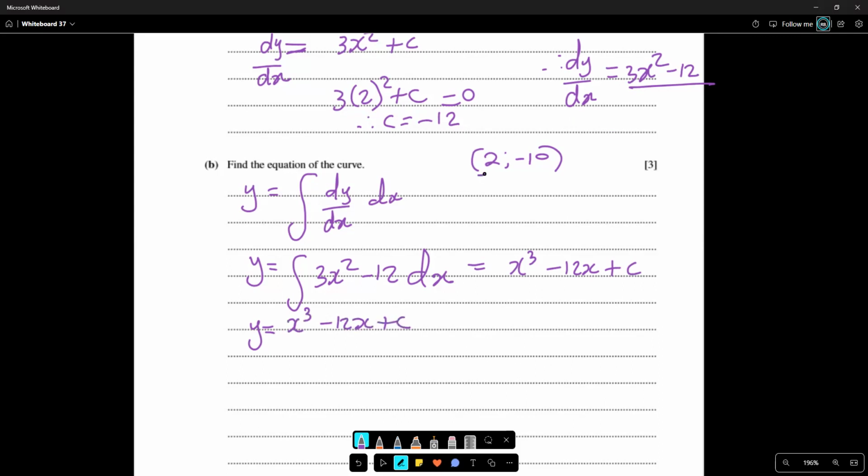But we have a point, so this is our x, that is our y. So we have minus 10 equals 2 cubed minus 12 times 2 plus c. And we can see that if we were to solve this, this will be 8. This will be minus 24 plus c. Right?